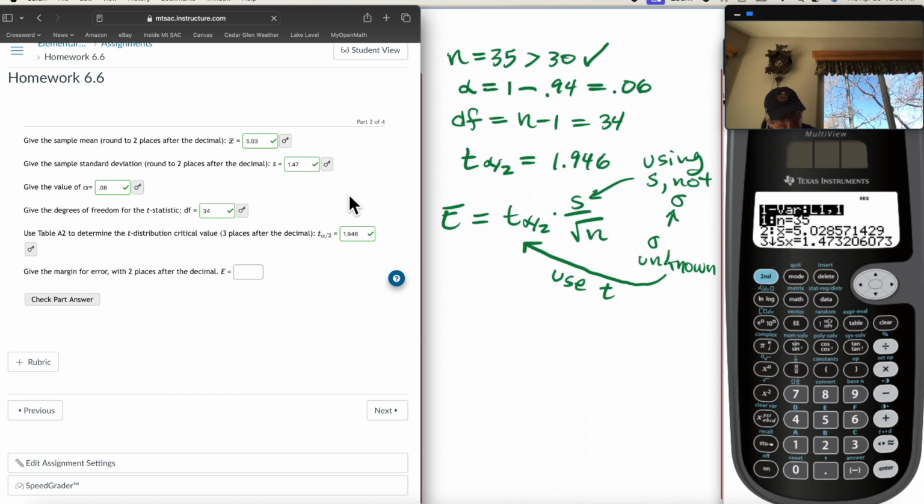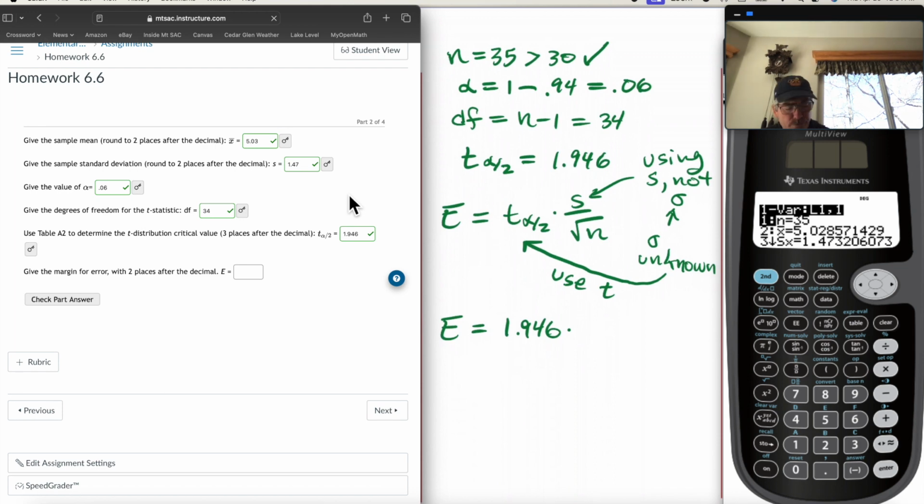But let's go ahead and do our computation for our margin of error. So margin of error, the t alpha over 2 we've got here, 1.946, times s, which is on the screen here, it's 1.47, divided by the square root of n, and n was 35.